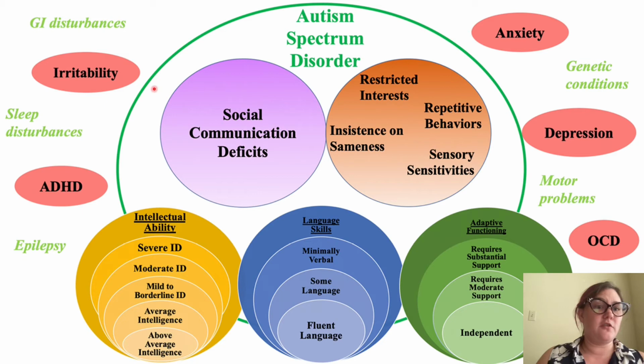All right, then for the red, irritability, ADHD is also very commonly comorbid with autism spectrum disorder. I suspect that my son does have ADHD as well.